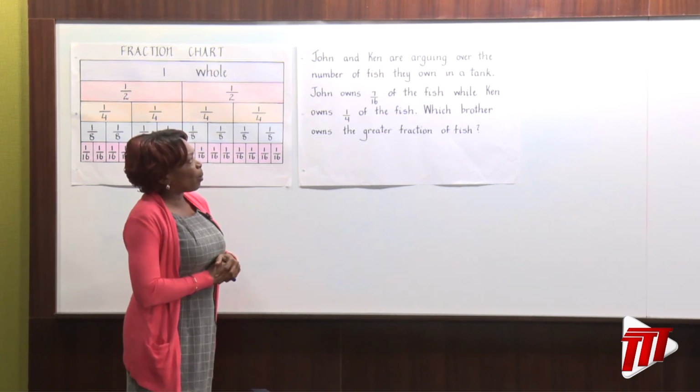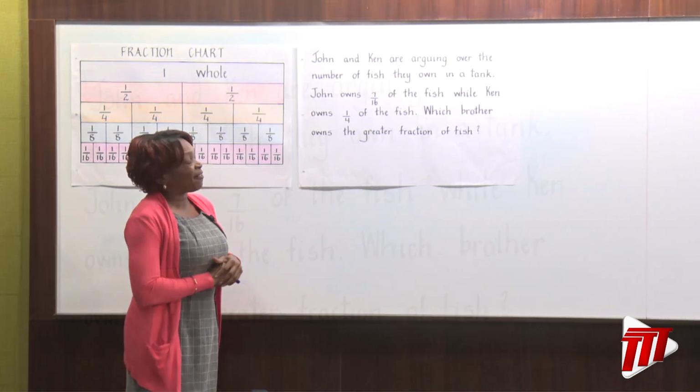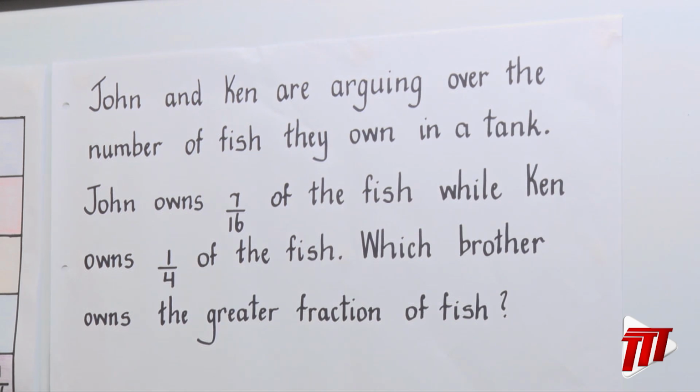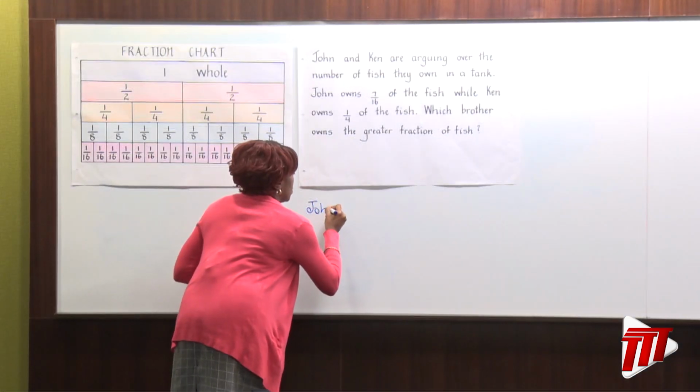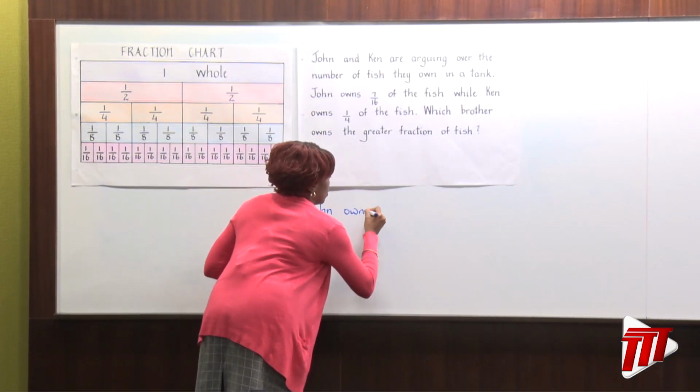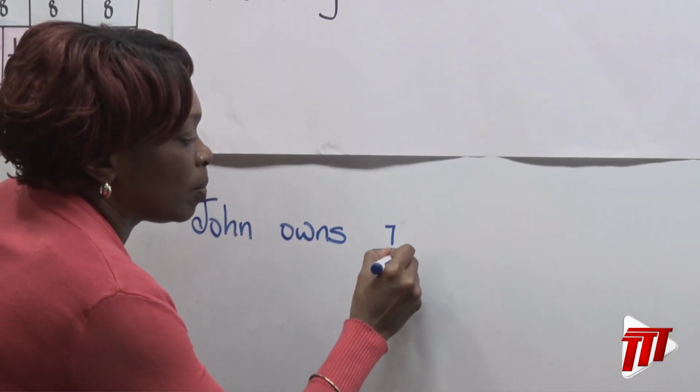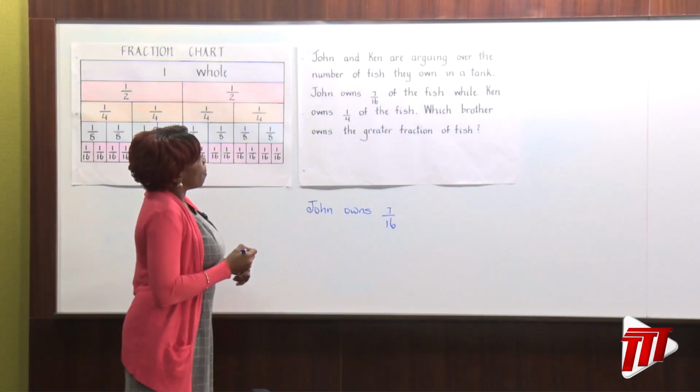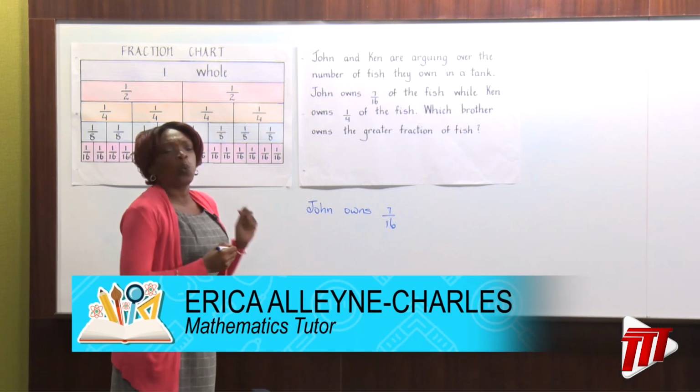So let's look at this problem. First, we identify what each brother owns, what fraction that is. John owns 7/16. His brother owns 1/4.